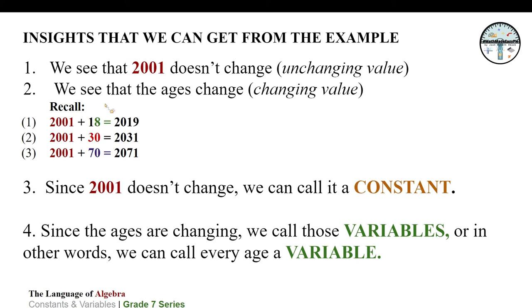As we can see here, the ages are changing while the 2001 doesn't change. So as you can see, the age is changing, therefore we call these variables.